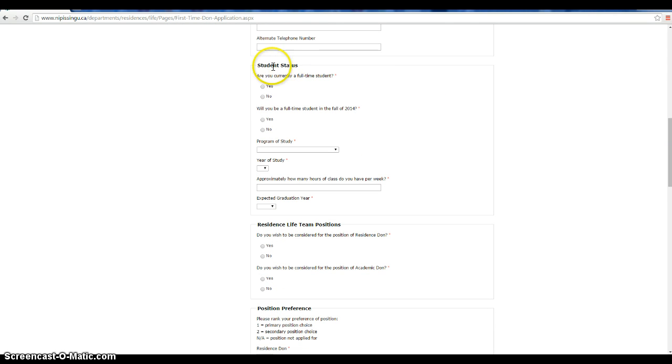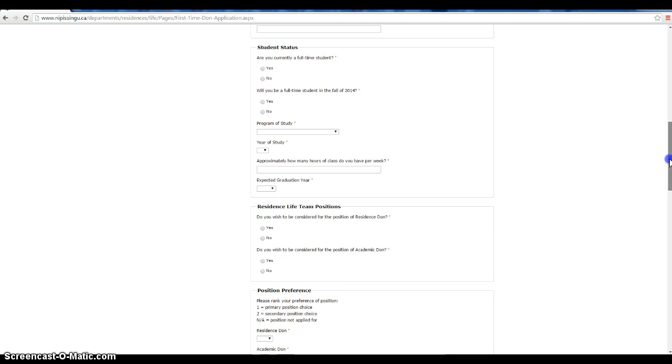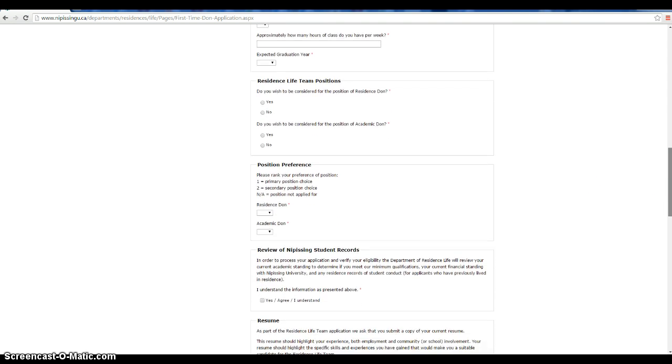Further below, we have your student status. Are you currently a full-time student? Yes or no. Will you be a full-time student in the fall of 2015? Yes or no. Please identify your program of study, the year of study, and how many hours you expect to be in class each week.